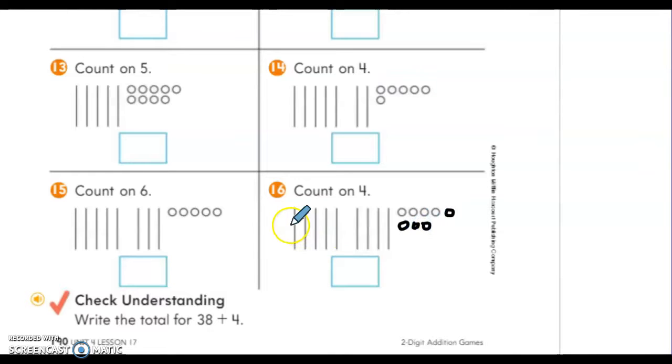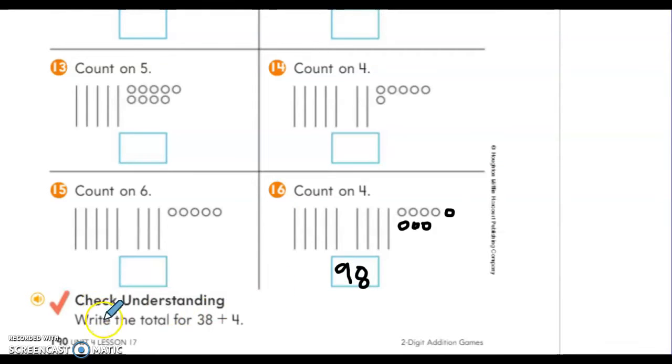Okay, let's count it out and find out what our number is. 10, 20, 30, 40, 50, 60, 70, 80, 90, 91, 92, 93, 94, 95, 96, 97, 98. 98.